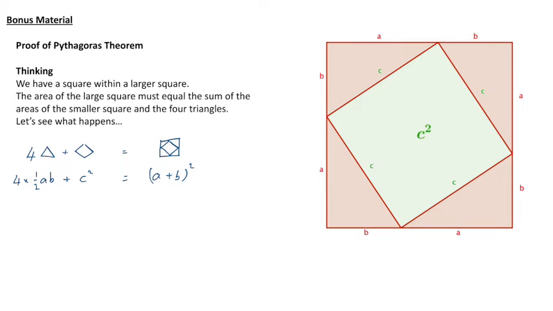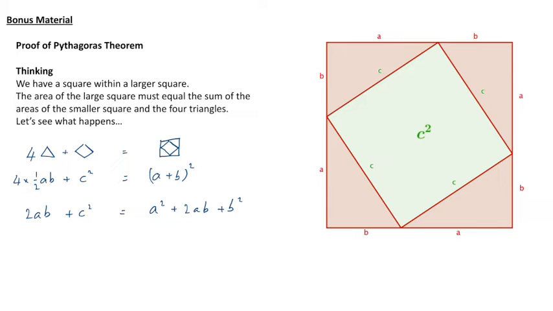Okay, we can tidy up a little bit. 4 times a half is 2, so the 4 times a half AB becomes 2AB plus C squared. And then we need to open this bracket out, and you may have seen before that (A plus B) squared comes to A squared plus 2AB plus B squared.